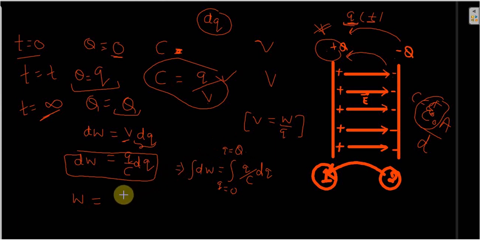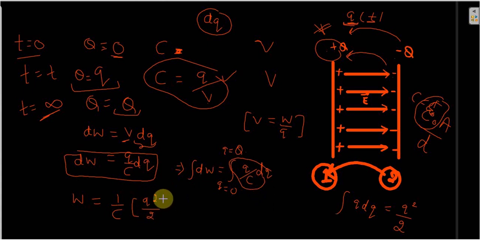In the next step we will do the integration. C is a constant, so we will take it outside, and the integration of Q dQ is Q square by 2, so with limits 0 to Q it is 1 by 2C.